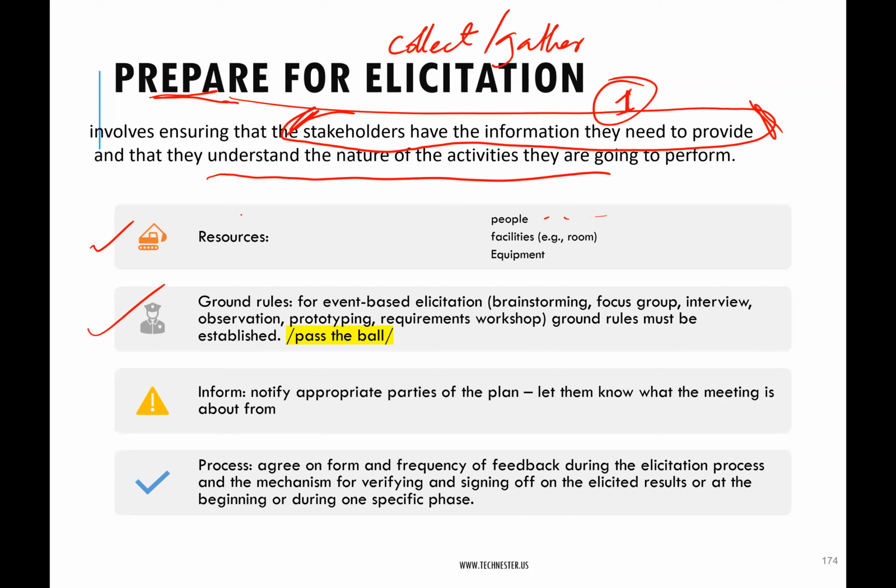Second part, ground rules. You need to set ground rules. That should be something you have at the back of your mind. Anytime you are doing a meeting or a workshop involving several people, there should be ground rules. And you should make those ground rules clear beforehand.